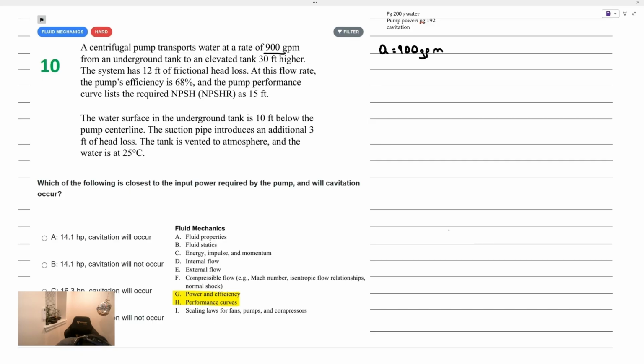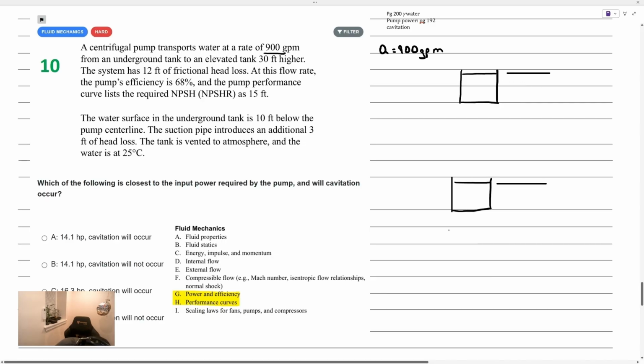So if I draw here, 2 tanks, 1 elevated tank as well as a lower tank here, we understand that the distance between their water levels is 30 feet, and we additionally have head loss due to friction of 12 feet here.